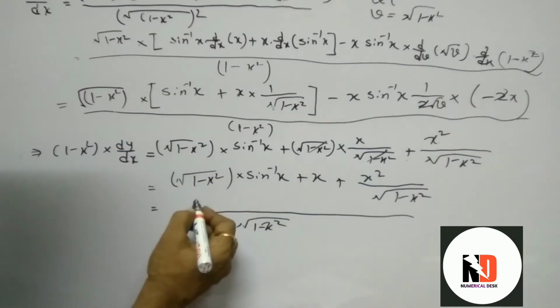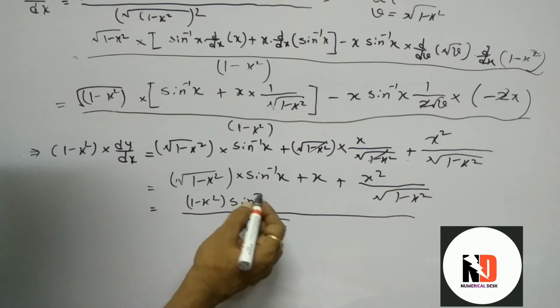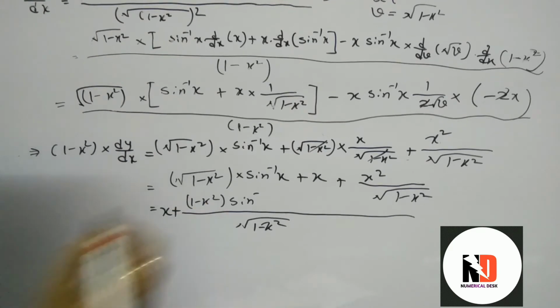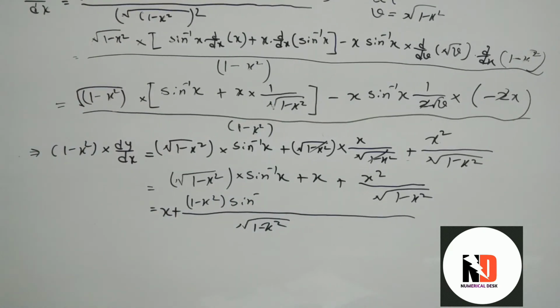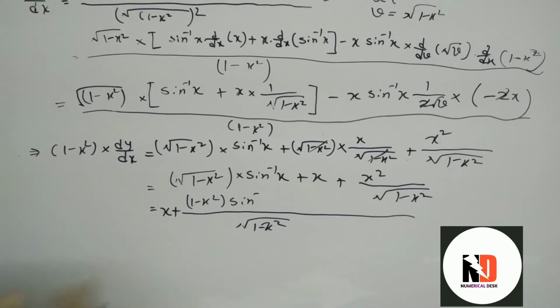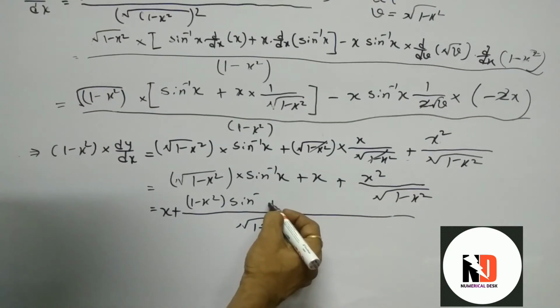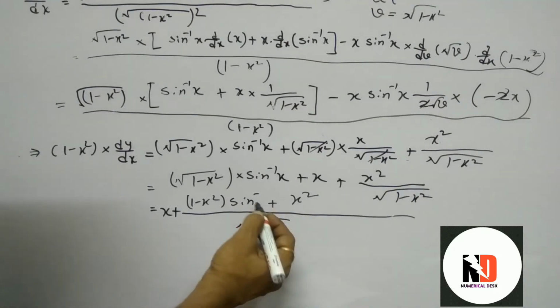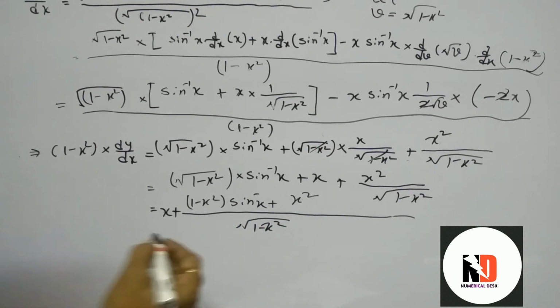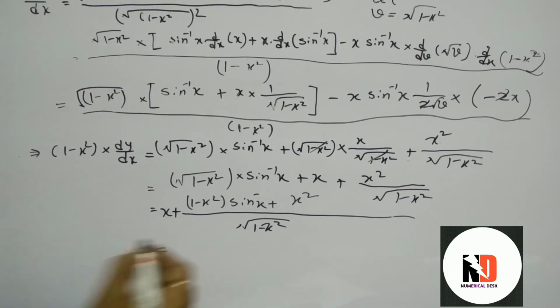So the first term and third term I am taking. x plus is written at first, x is written separately at first, and the first term and third term taking the LCM. So it will become 1 minus root x whole square, that means only 1 minus x square into sin inverse x plus x square. x square sin inverse x, there is a sin inverse x.